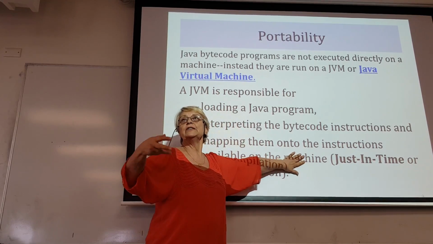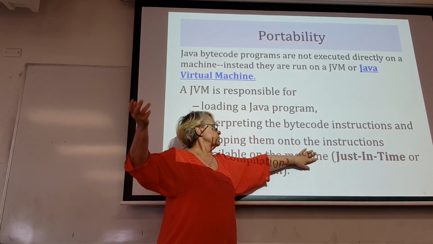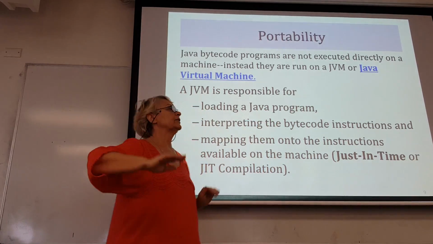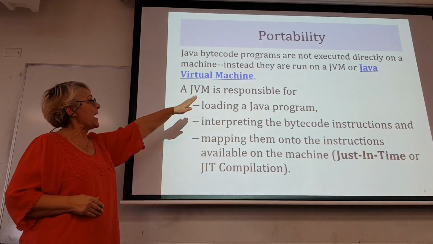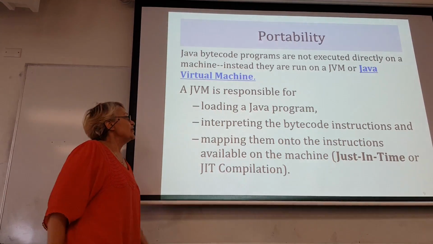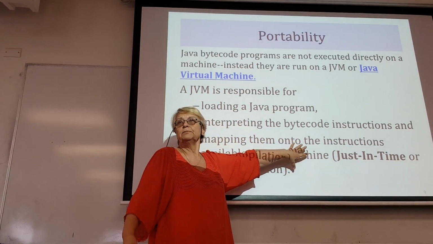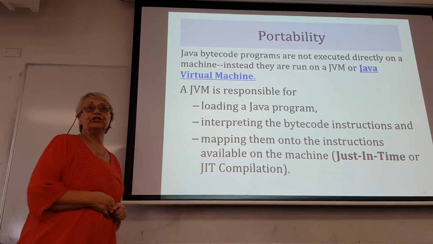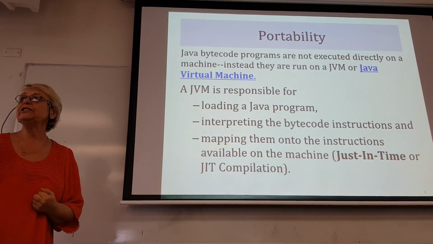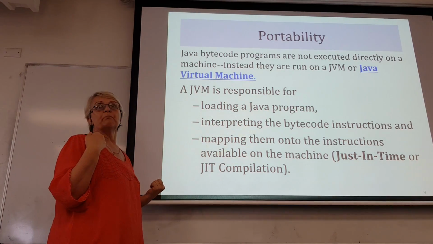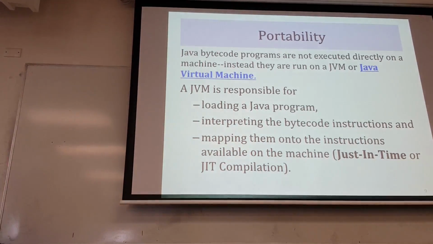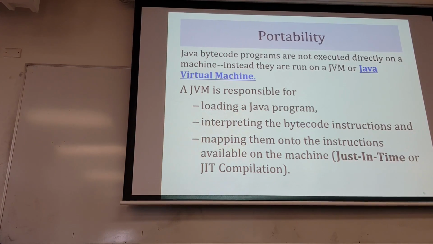So this is when our program can run on Linux if it's the case, because the JVM knows this. And this part is performed by the JIT, just-in-time compiler. So be aware, this just-in-time compilation is a subpart of the Java virtual machine.